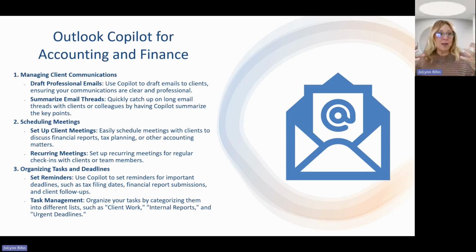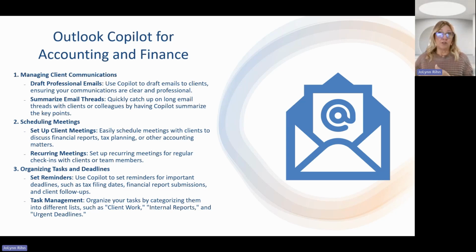When we stop and think about, I need an assistant, Copilot is our assistant. Okay, so it can help us set up client meetings. You can see that it can easily schedule meetings with clients to discuss financial reports, tax planning, etc. It can also help with recurring meetings. Now you'll see a little bit more with meetings of different things that it can do as well.